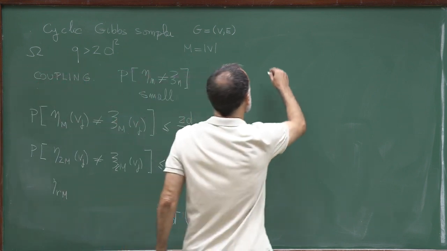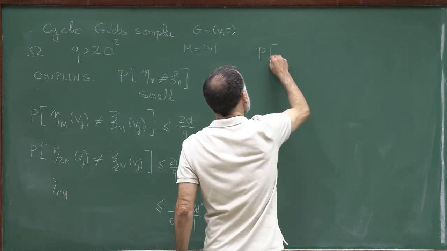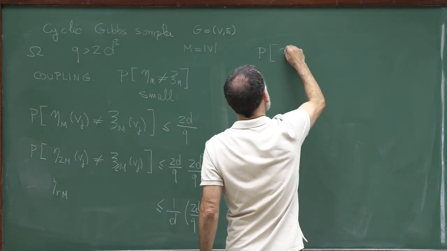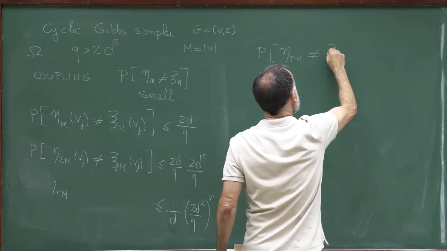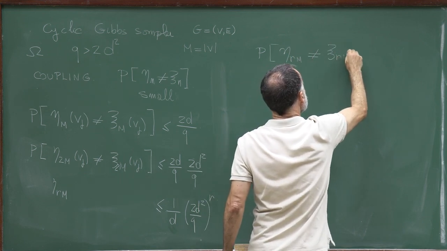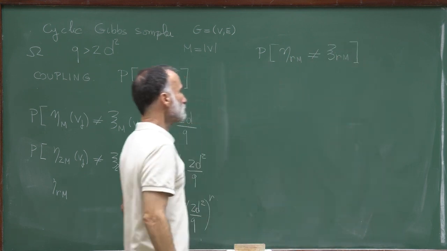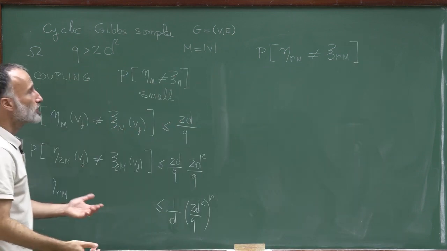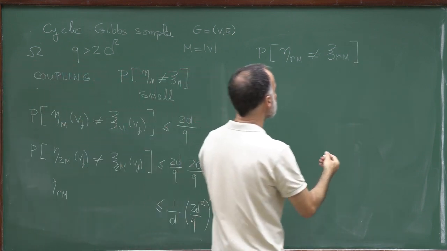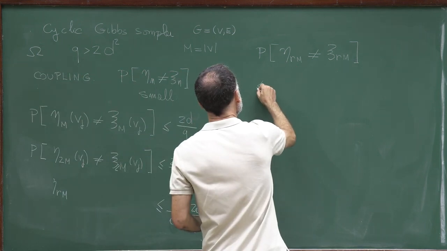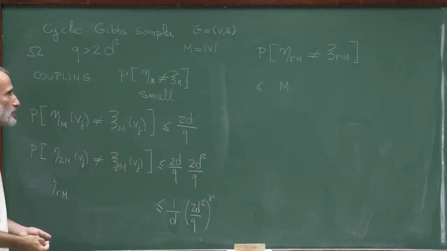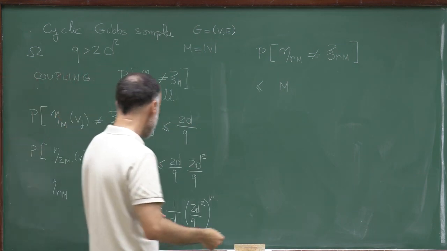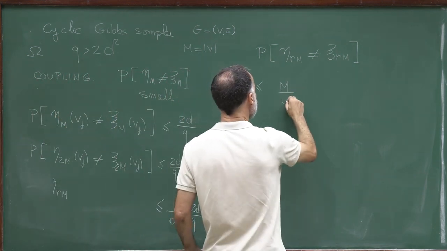So this tells me that the probability that eta at time rm is different from psi at time rm, well, if they are different, it means there exists a vertex at which they are different. There are m vertices, so this is bounded by m times the probability that they differ at one of them, and this is given by that.